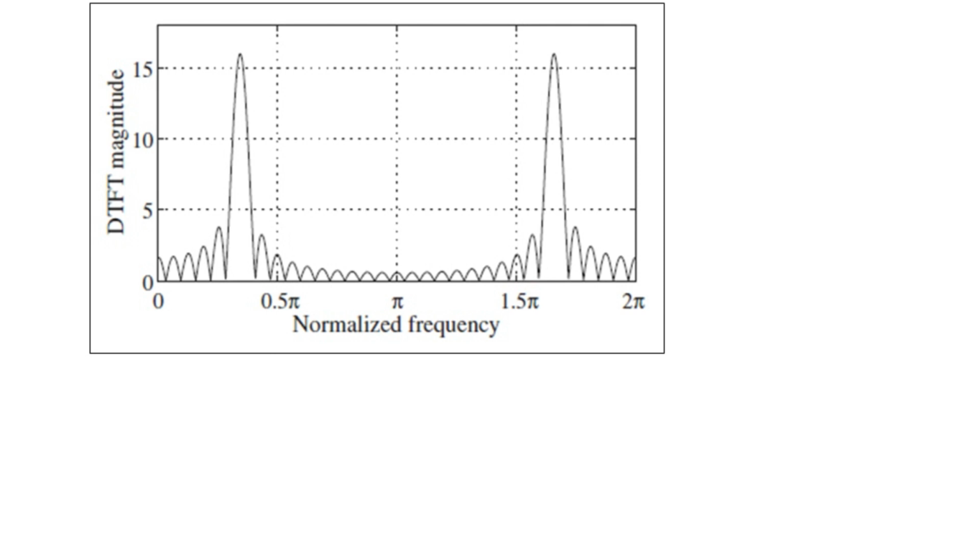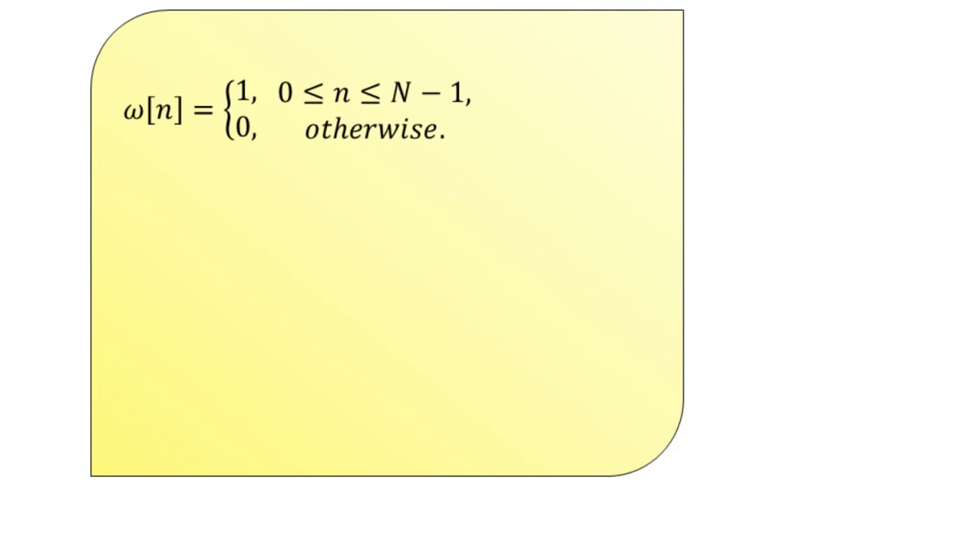So let us define this particular window w of n that takes the value 1 when we have small n greater than or equal to 0 but less than or equal to capital N minus 1. Elsewhere the value of this window is equal to 0. So there is no span of this particular window.